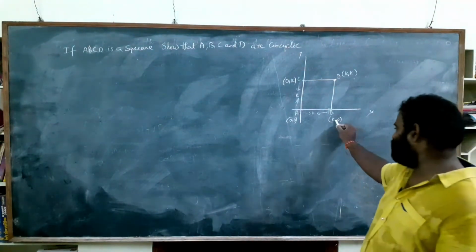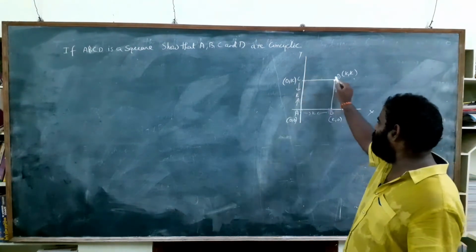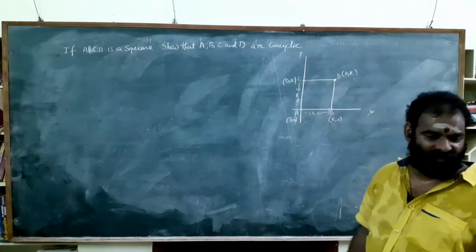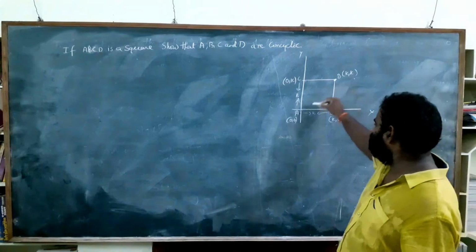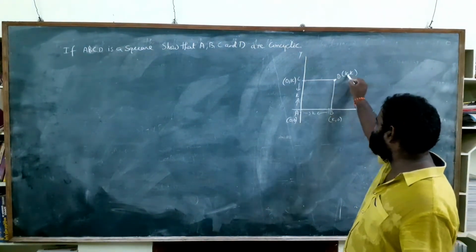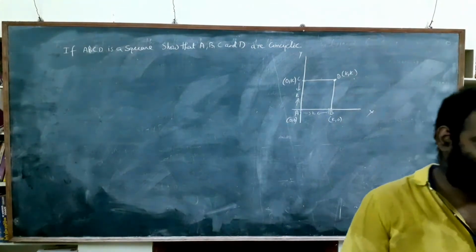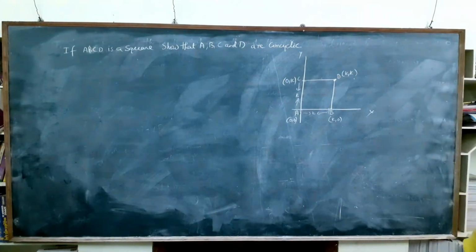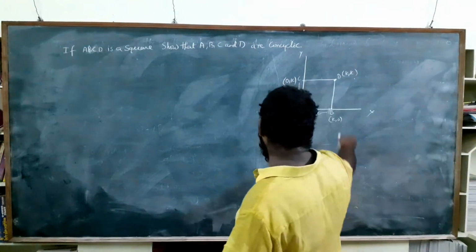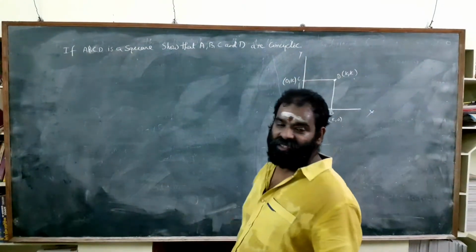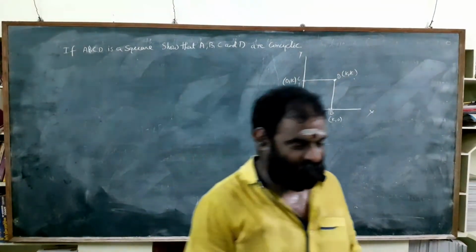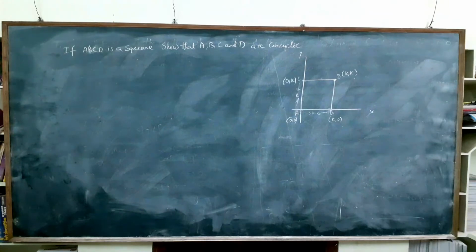Now, if it is k comma 0 and it is 0 comma k, here the vertex D becomes k comma k. Because from this to this, the distance is k and the distance is k, so k comma k. Understand? So now these 4 points are said to be concyclic.